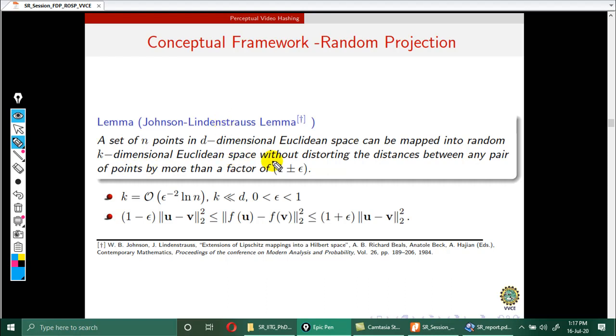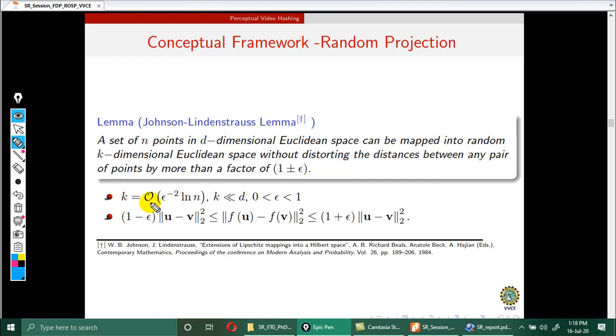According to this lemma, it doesn't distort the distances between any pair of points by more than a factor of 1 plus or minus epsilon. k is of the order of epsilon to the power minus 2 times natural log of n, where k is very much smaller than d, and epsilon lies in the range of 0 to 1.